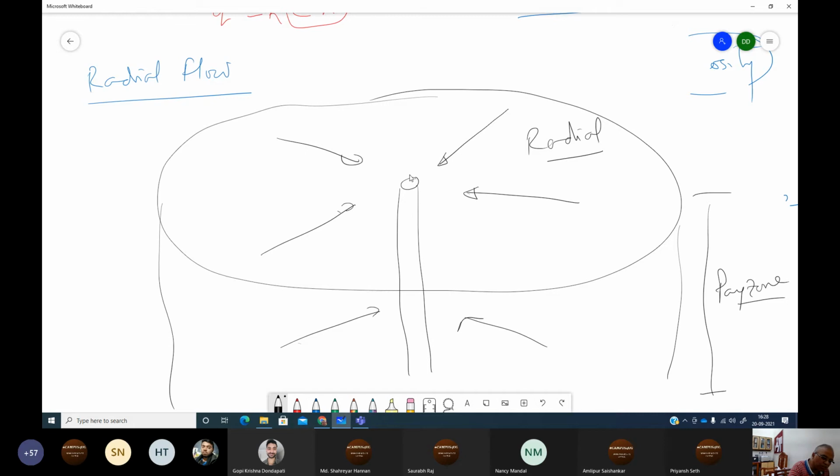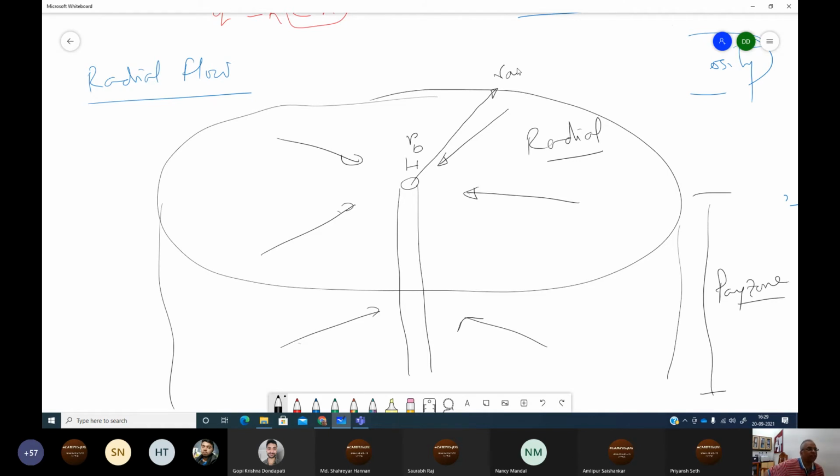Now let's say this well bore has a radius which is RB, and this is the radius, let's say I call it RA. I'm considering it still circular for simplicity.